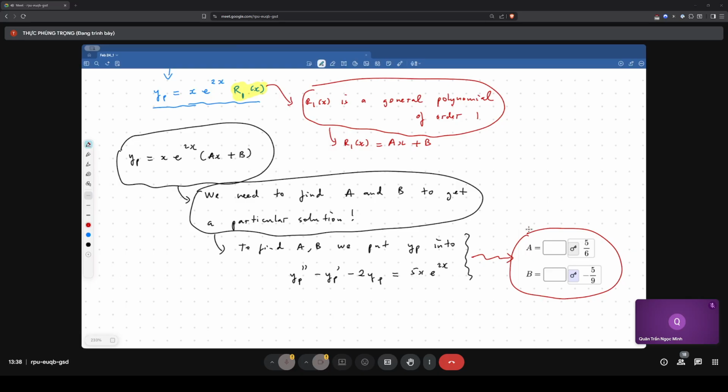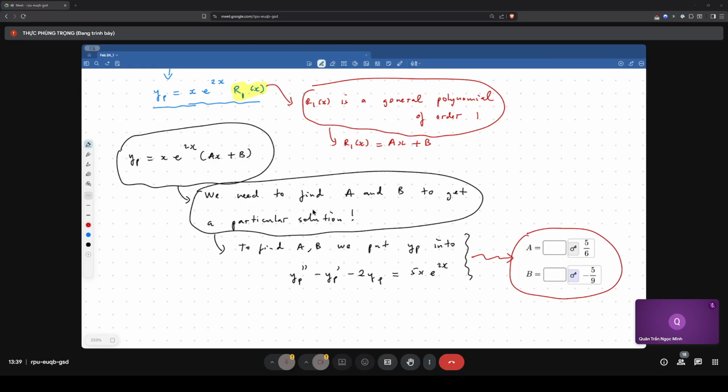I skipped finding a and b because you just differentiate Y_p once and twice and put them in this equation, similar to what we did before. After you find a and b, you get a particular solution.